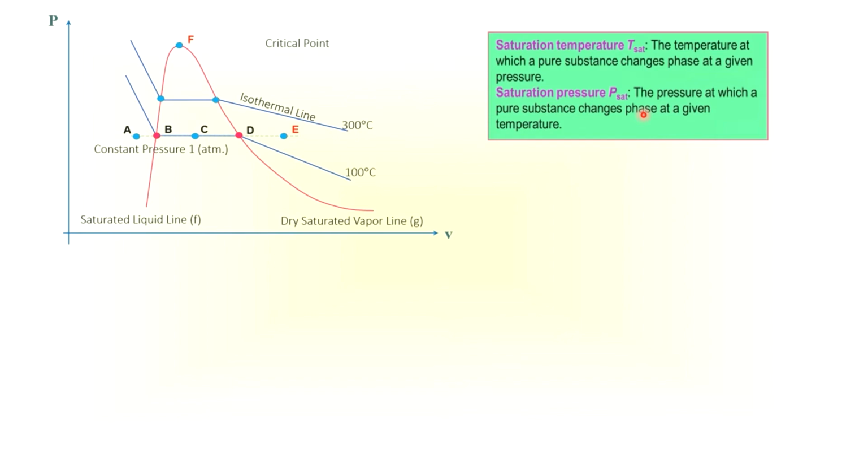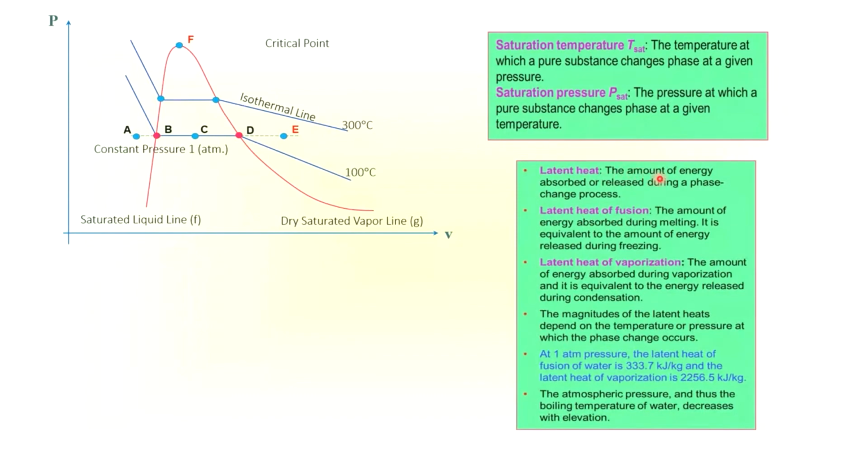So remember, during this period, the heat that is supplied is called the latent heat of vaporization. All the heat supplied to the substance is used in changing the substance, in breaking the intermolecular bonding between the molecules of H2O.